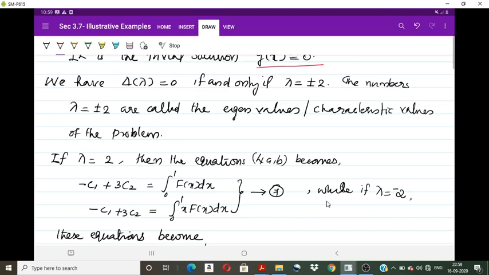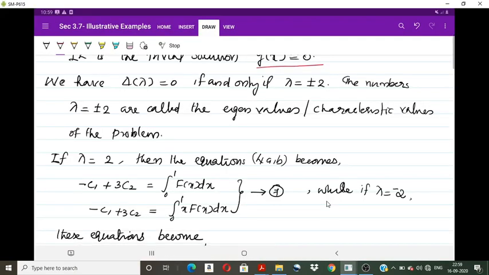So for this problem the eigenvalues are plus or minus 2.